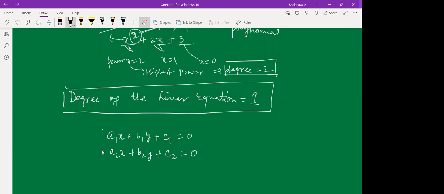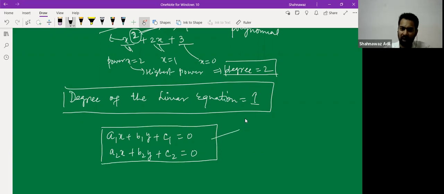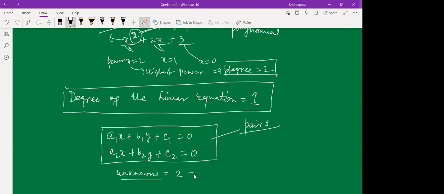Okay. So these are the pairs, right? How many unknowns are here? 2, right? And what are they?